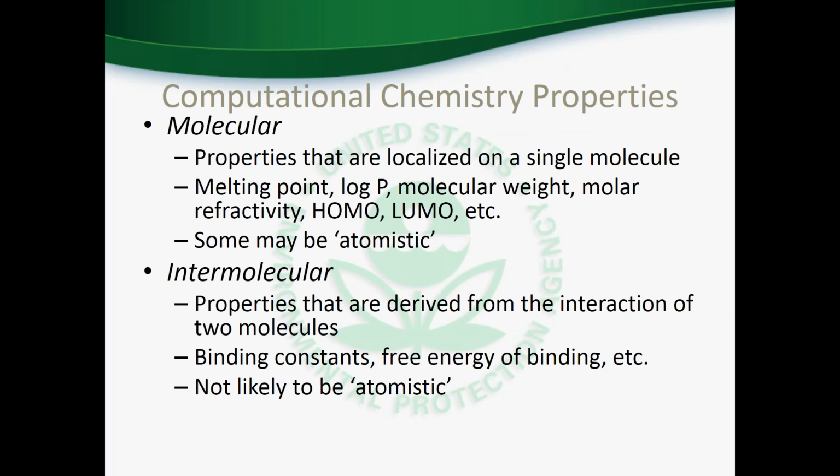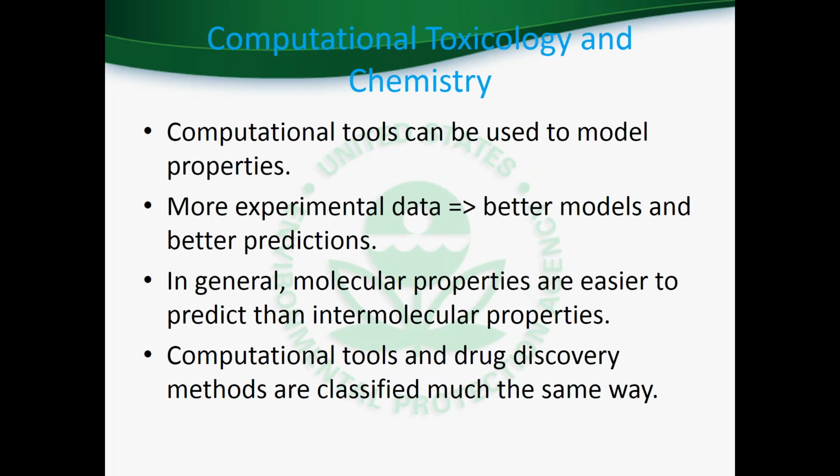Going down a little bit further into the Tox 21, using frontier molecular orbitals to predict toxicity, log P, melting points. Again, these are familiar to chemists, binding constants. So here are just some examples that can be used.